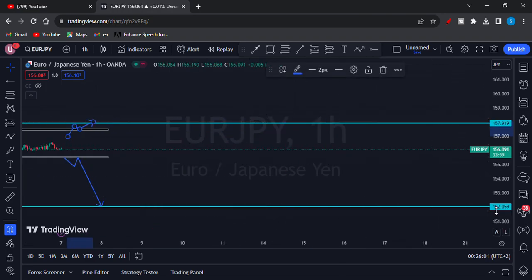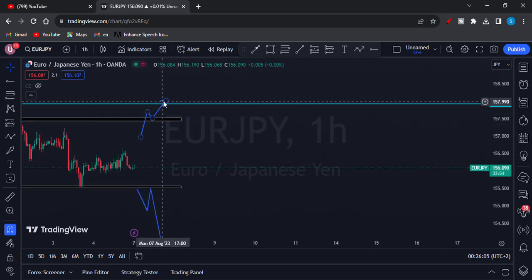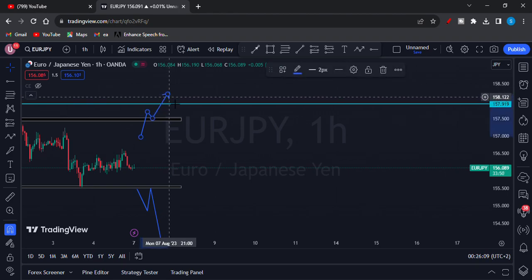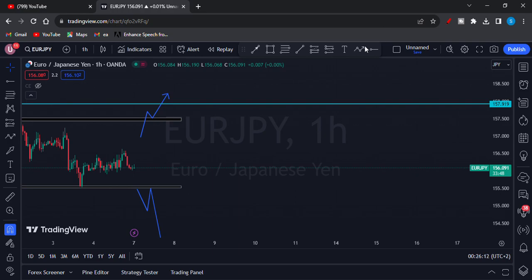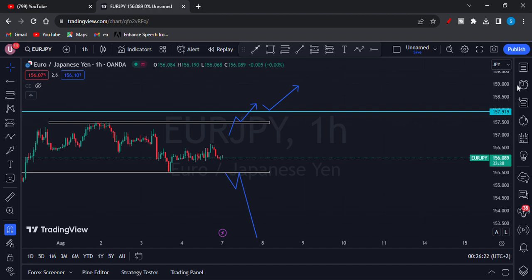It's going to be right here until I see something like break, retest, and then continue. But that's my analysis for EURJPY.